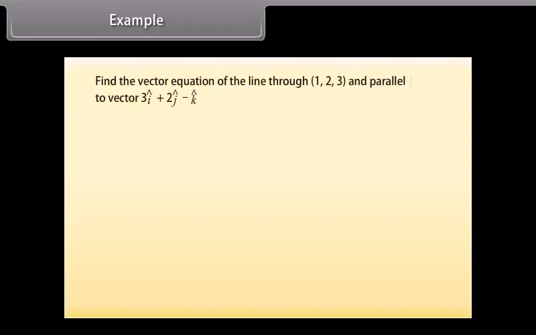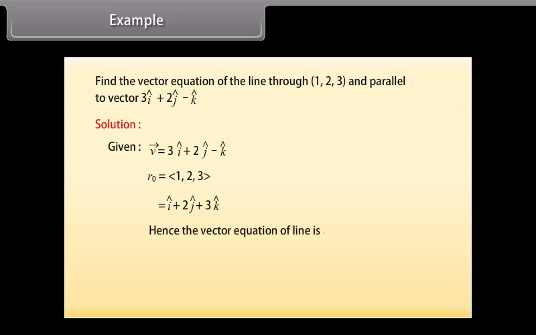Example. Find the vector equation of the line through (1, 2, 3) and parallel to vector 3 î plus 2 ĵ minus k̂. Solution. Given vector v equals 3 î plus 2 ĵ minus k̂. r0 equals (1, 2, 3) equals î plus 2 ĵ plus 3 k̂.